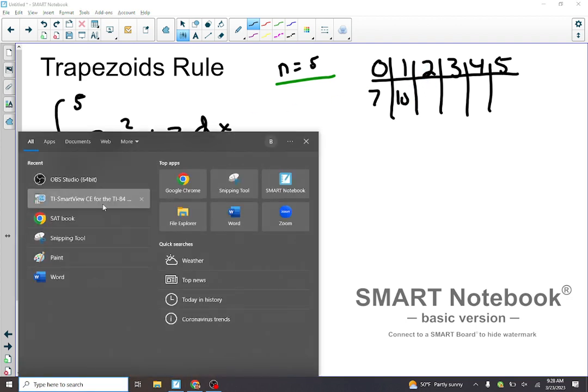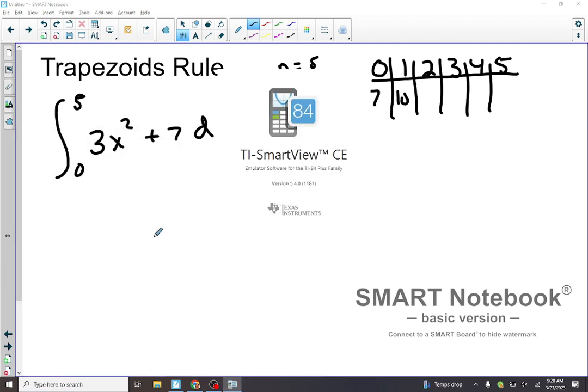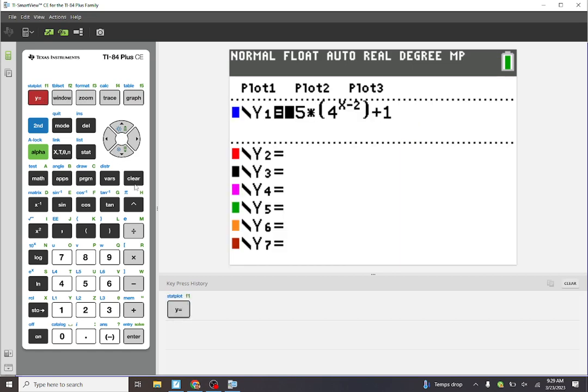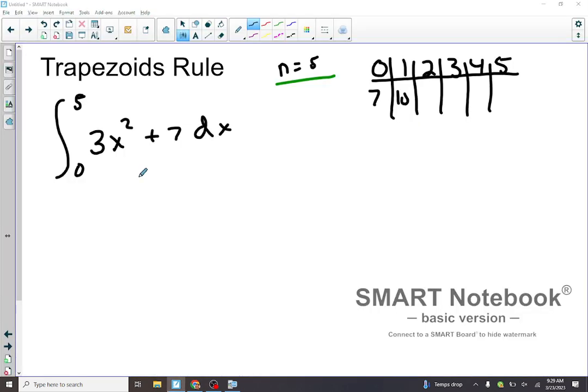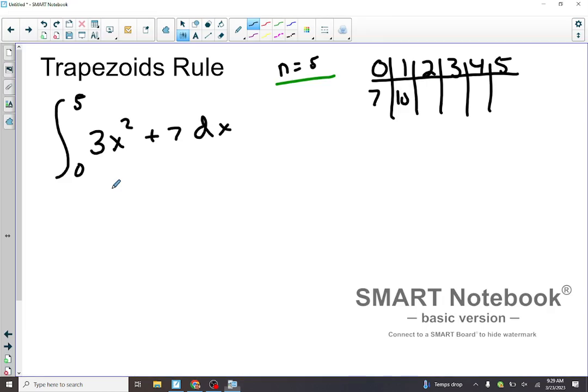But if you want to do that quickly instead, you could pull out your calculator and go to y equals, plug in your equation, which is 3x squared plus 7.